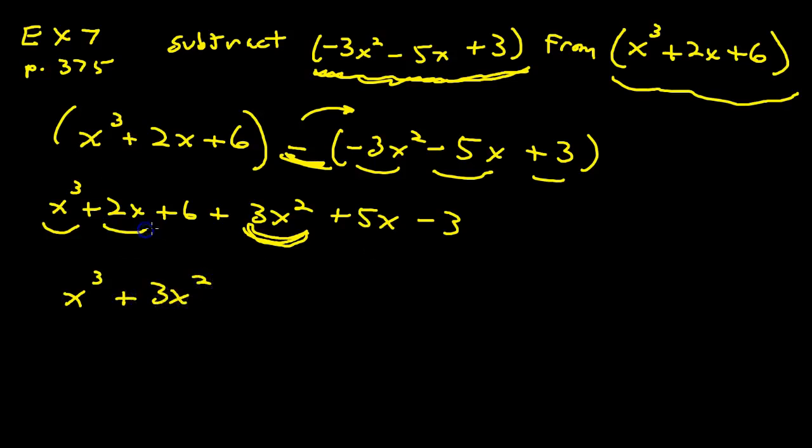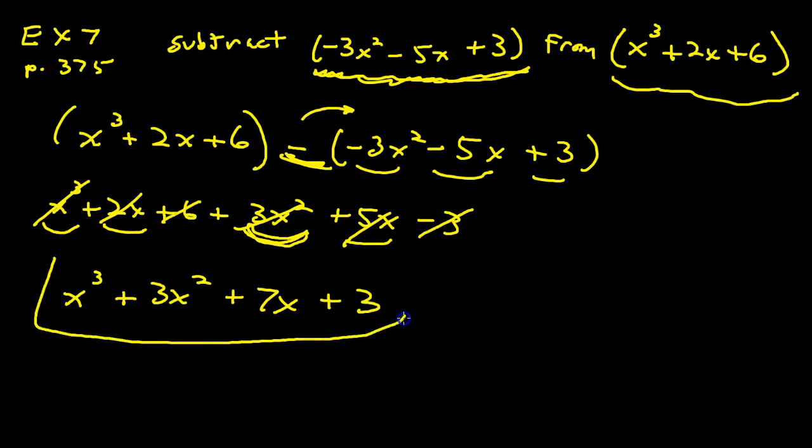The x terms can combine: 2x plus 5x is plus 7x. And 6 minus 3 is, of course, plus 3. So I've combined all that I can here, and I end up with a 4-term polynomial of degree 3.